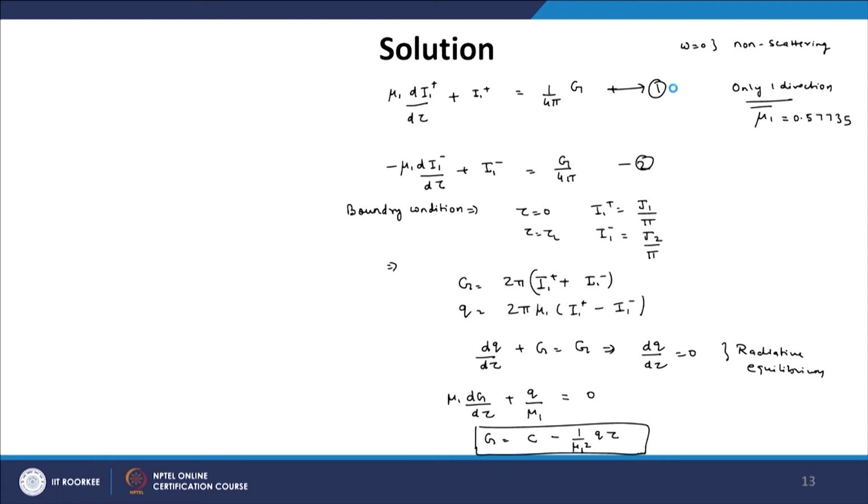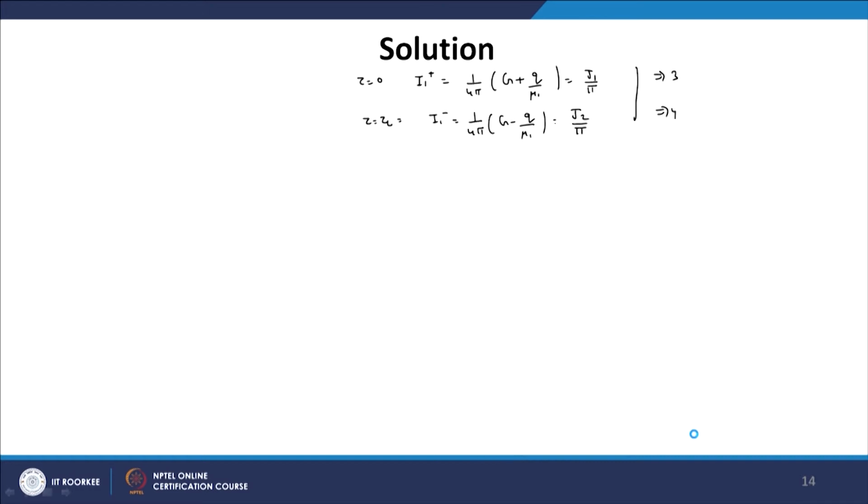Together with this solution for g, which we already have, let us call it 2 prime. Substituting the value of g in the boundary condition, we can solve for q and the unknown coefficient c. So we write like this: 4 times j 1 is equal to g plus q upon mu 1.